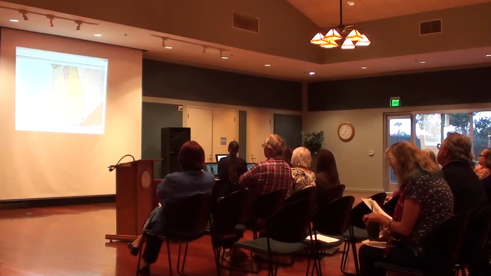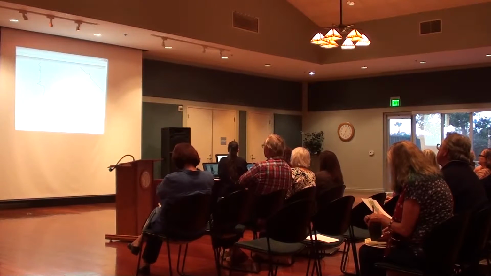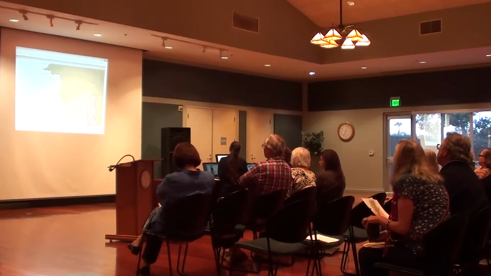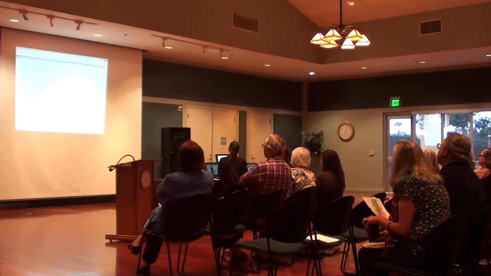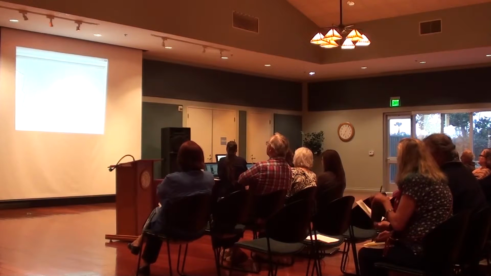Okay, I'm going to move on to the yellow district. Again, this is San Juan Canyon Creek, is the northern boundary of the yellow district. Moves south on the city limits. So again, these are just the boundaries of the city. Then the southern boundary is also the city limits.